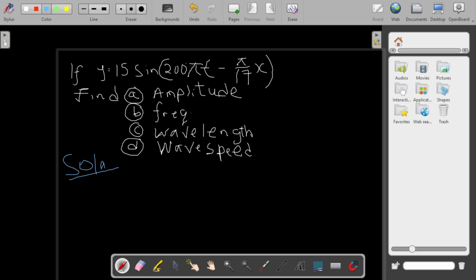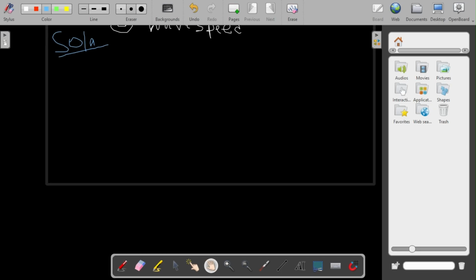Now we know that the formula is y equals a sine 2 pi over lambda, then you have (Vt minus x).